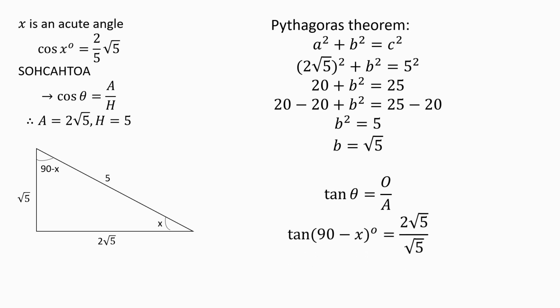In relation to angle 90 minus x, our opposite will be 2 root 5 and our adjacent is root 5. So we have 2 root 5 over root 5. The root 5 cancels out and we are left with 2. Therefore, tan (90 minus x) degrees is equal to 2 if cos x is equal to 2 over 5 root 5.